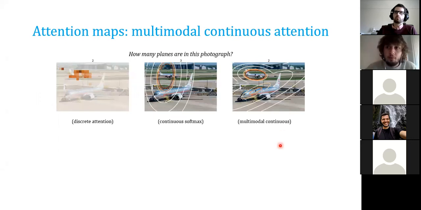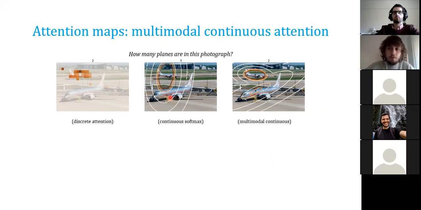And with this setup, we can now identify the main strengths of multimodal continuous attention when compared to discrete or unimodal continuous attention. So first, as we've seen before, unimodal attention models are limited to a single mode, right? And they may face difficulties in complex scenes like this one, in which there are multiple regions of interest that are clearly far from each other.